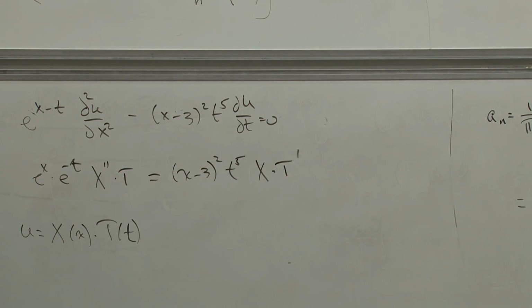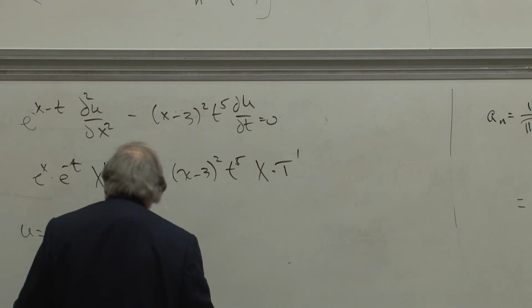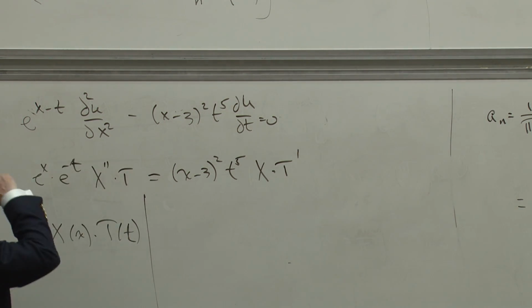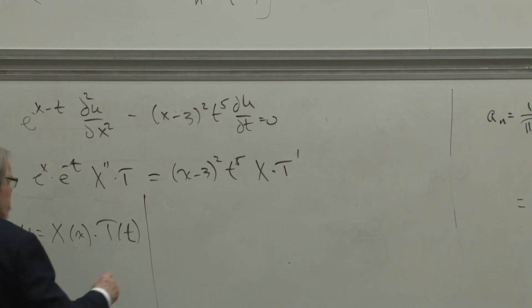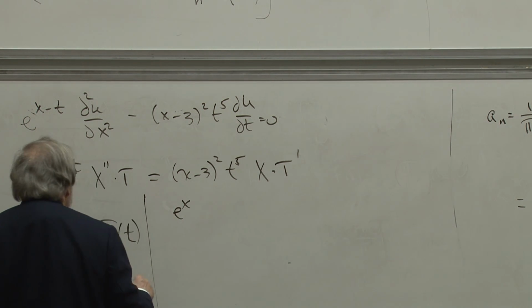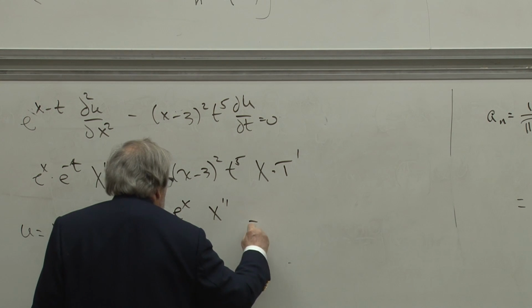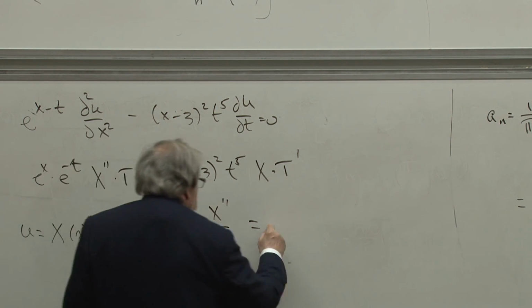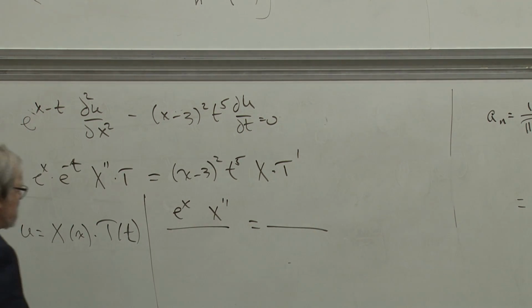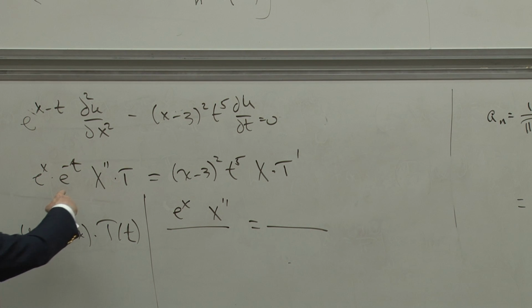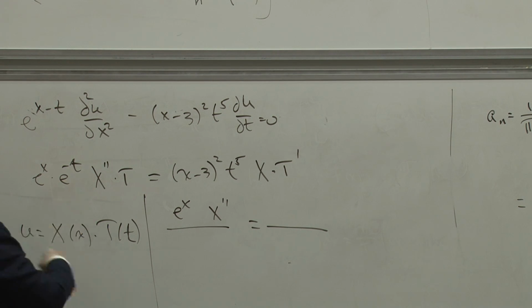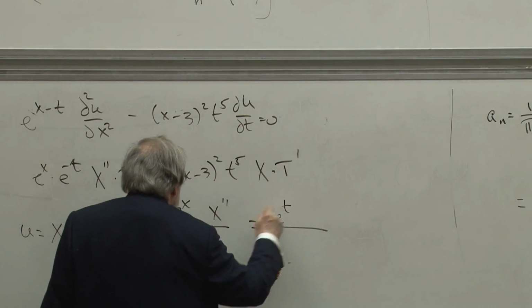And with that, it's simple enough to do the separation. Let's get everything in x on one side. So there's an e to the x, an X double prime, equal sign here. To get rid of the e to the negative t, I want it on the right-hand side, so I multiply both sides by e to the t.